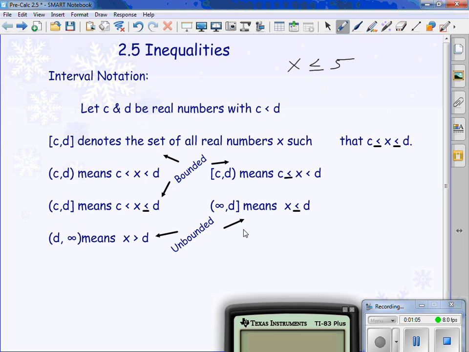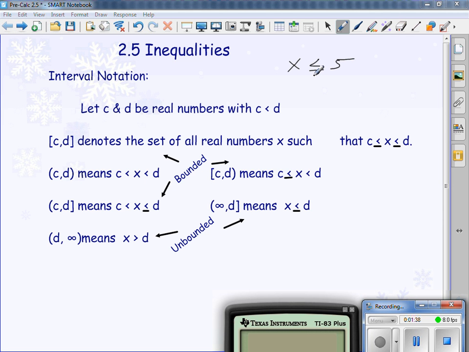For the example I threw up on top, X is less than or equal to 5. That is called unbounded because it only has one point. Now looking at this problem up here, if I want to write this in interval notation, is this bounded or unbounded? Unbounded, because there's only one point. Are all my points going to be less than 5 or greater than 5?